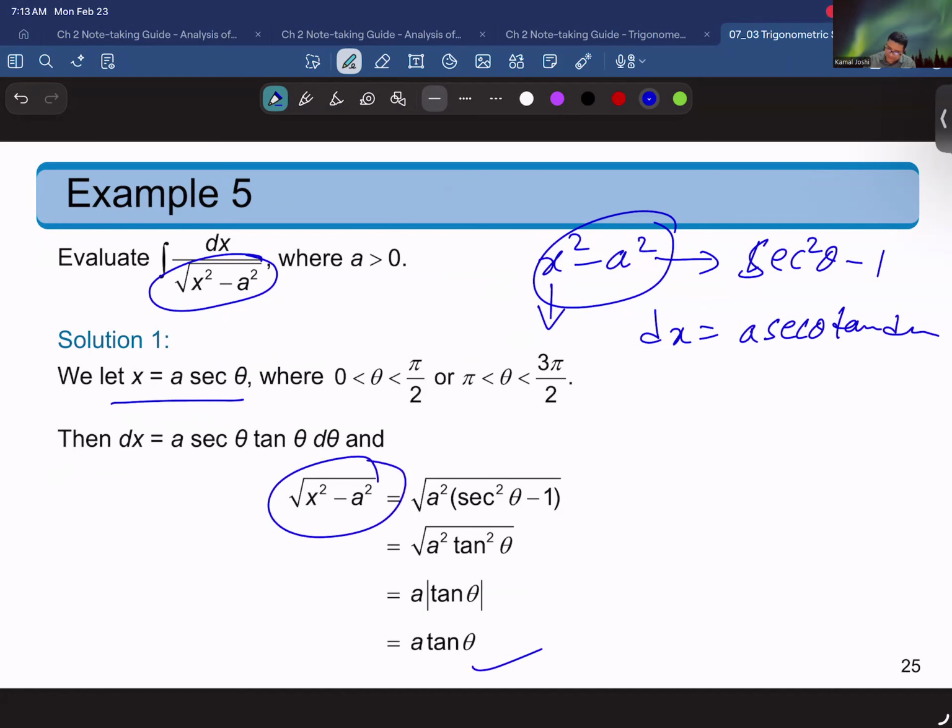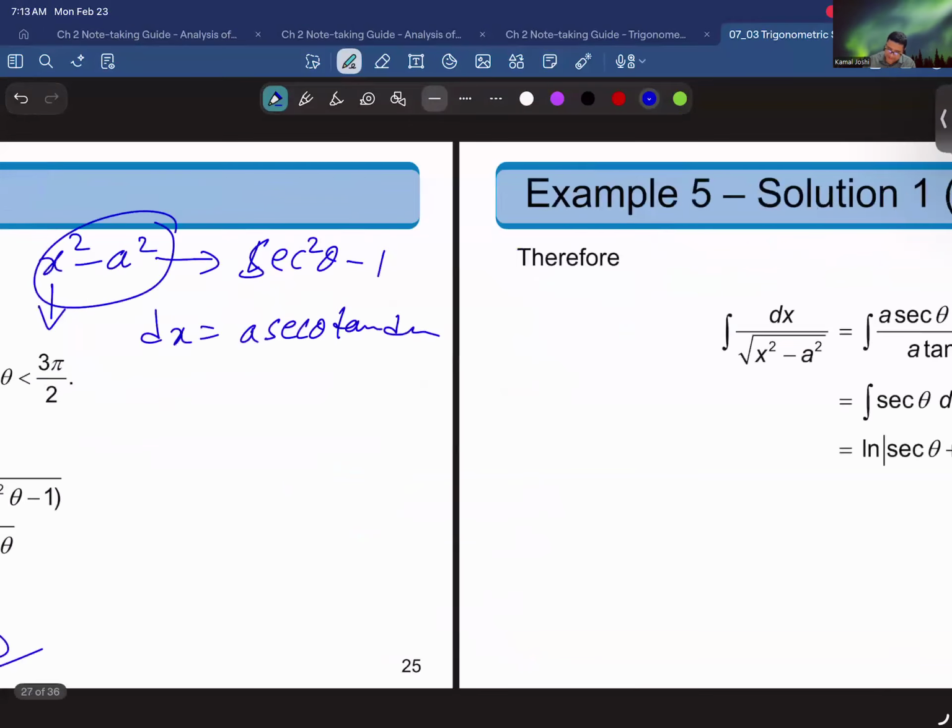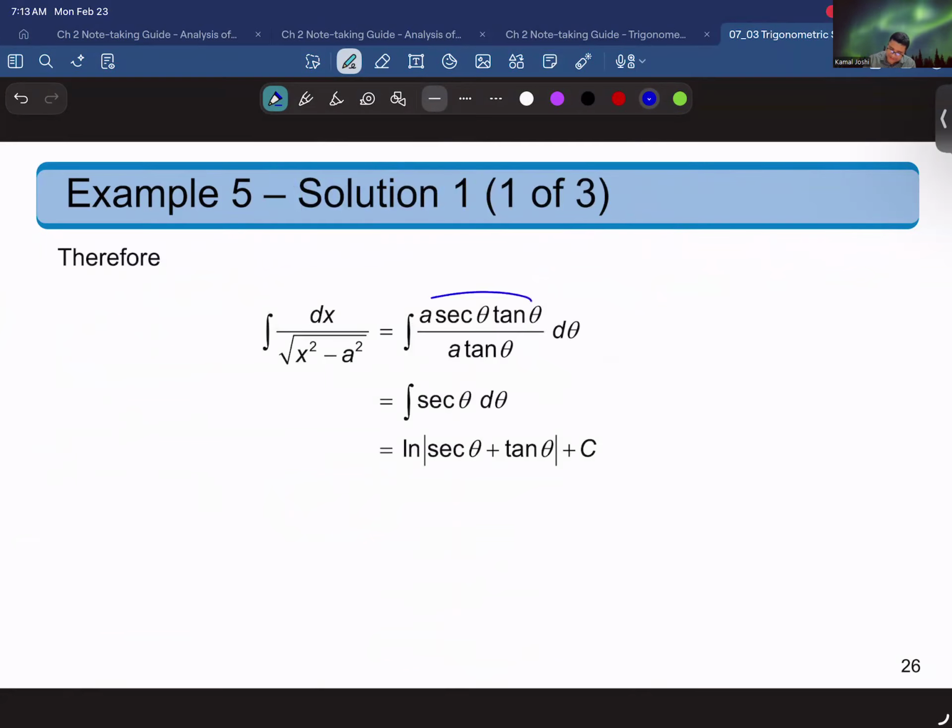You convert x square minus a square to a tan theta, and dx is a sec theta tan theta d theta. You plug in all that, you're left with just sec theta, and there is no choice other than to recollect this trigonometric integral.